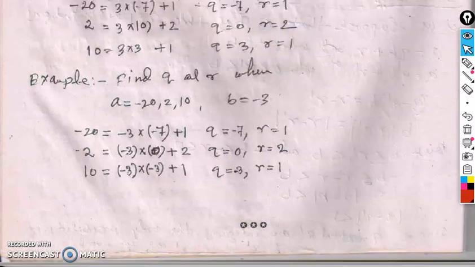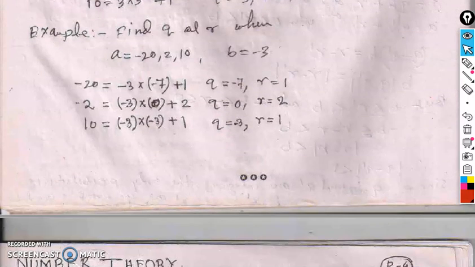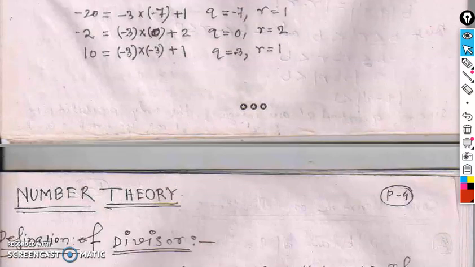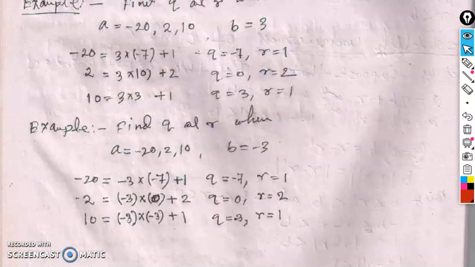Another example for you, find q and r. Here we consider the negative cases for your understanding, minus 20 and minus 3. Again we repeat the concept, minus 3 into minus 7 plus 1, and that is not the case.